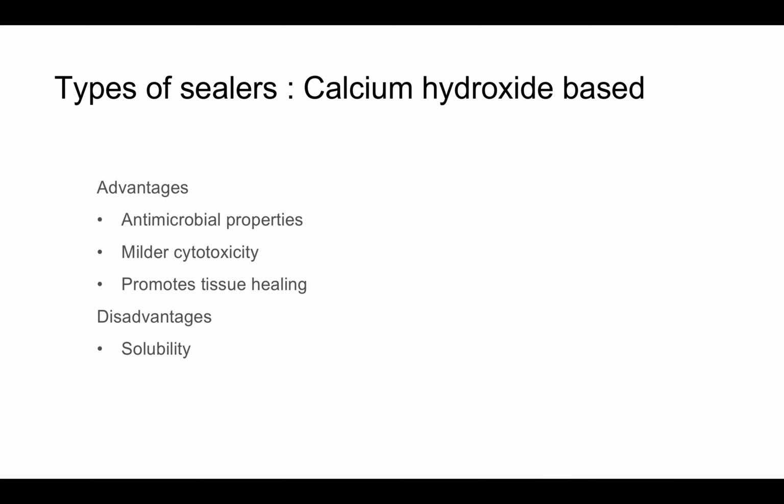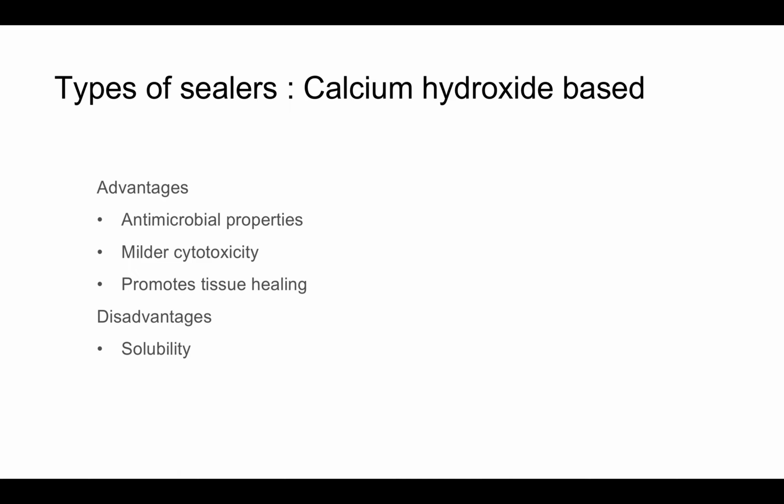Calcium hydroxide based sealers. Advantages: antimicrobial properties due to the high pH. It has a milder toxicity compared to other types of sealers, and of course it promotes tissue healing. This is the reason why it was widely used as a pulpotomy filling material, or even a dressing, intracanal dressing material.